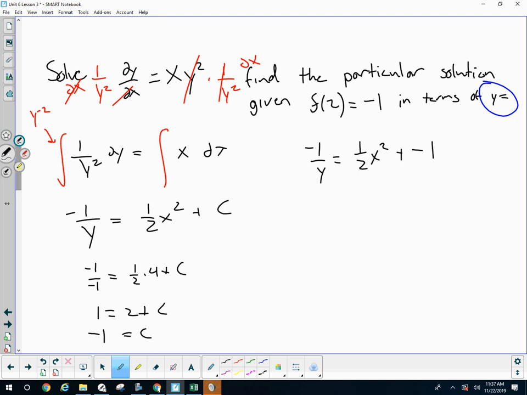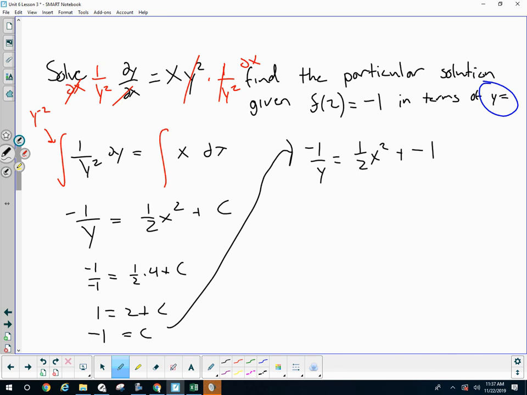I've rewritten my solution with c, but I'm still not done. Now, I'm just going to go ahead and tell you what I would recommend doing in this situation. And a lot of teachers don't teach this. I'm not sure why.